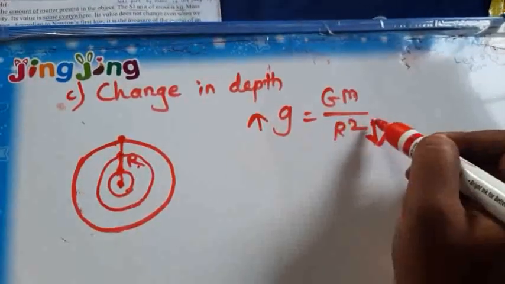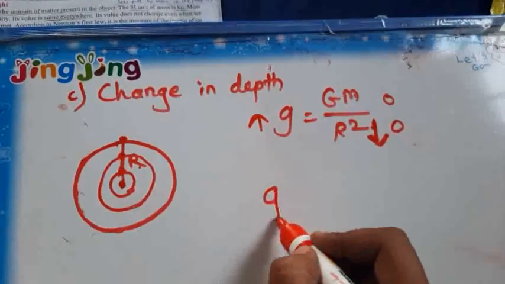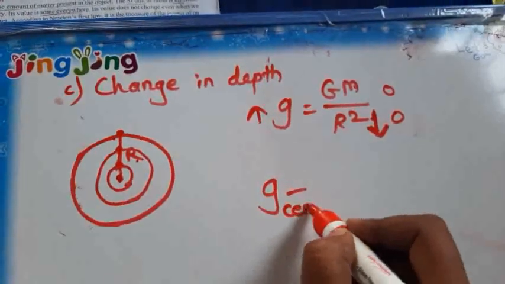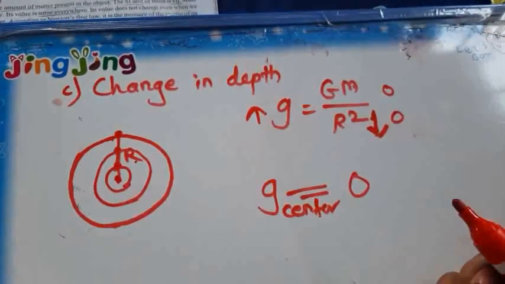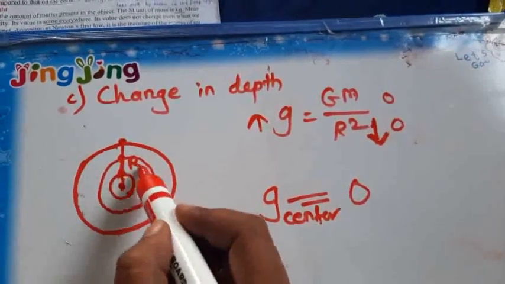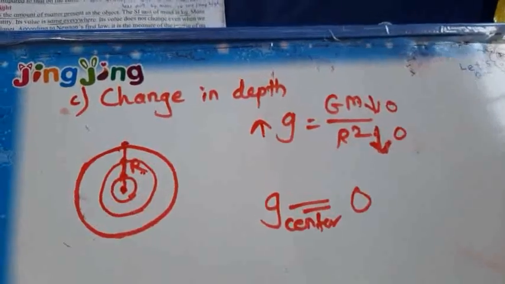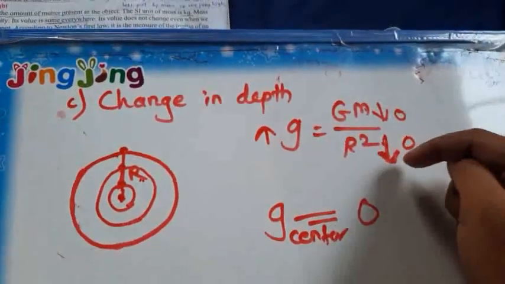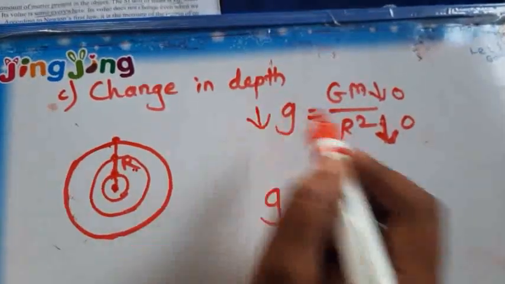So both the values, mass and radius, will become 0 and 0. That's why at the center of earth the acceleration due to gravity is 0. So as we are moving inside the earth, radius is decreasing and also mass is decreasing. That's why, as the combined effect of these two decreases, acceleration due to gravity is not increasing but it decreases.